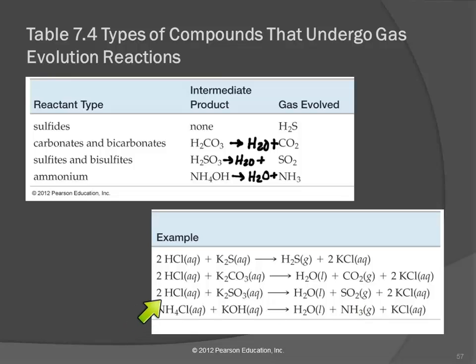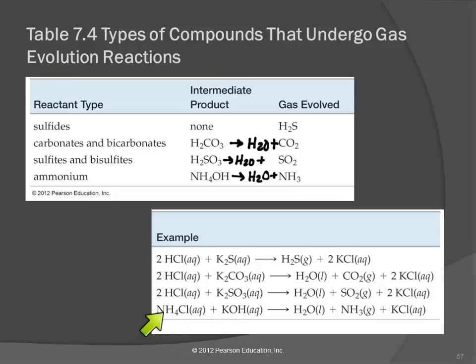Same thing with sulfite. Here's hydrochloric acid reacting with potassium sulfite. The sulfite and the hydrogen forms H2SO3, which falls apart into water and sulfur dioxide. So we write in our products water and sulfur dioxide, and then the remaining ions are going to form a salt. Ammonium chloride reacting with potassium hydroxide.